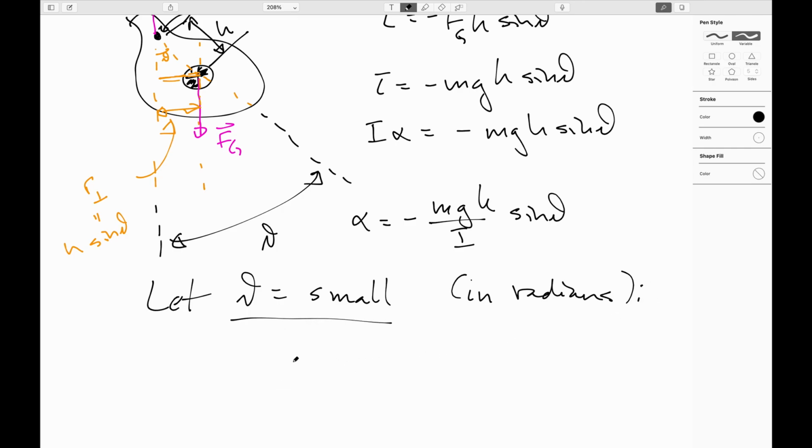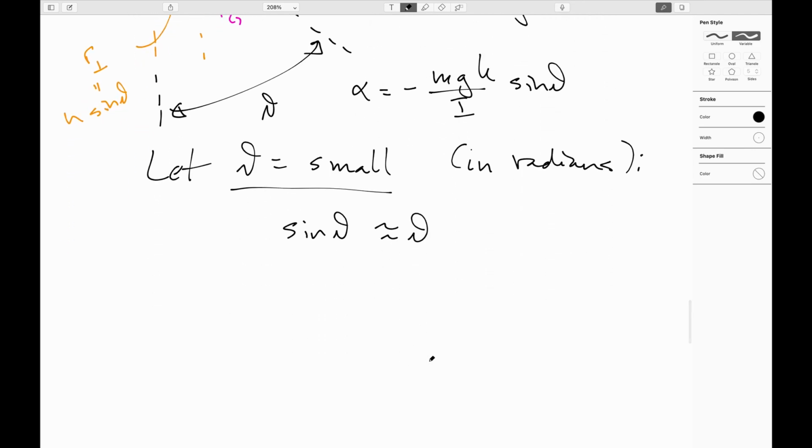In that case, we can approximate sine theta with just plain theta itself. Now we can put theta in for the sine theta here.